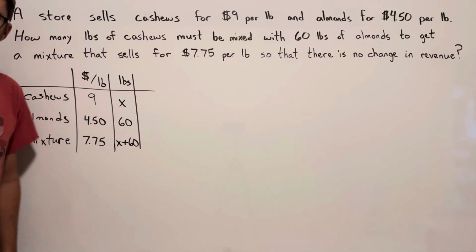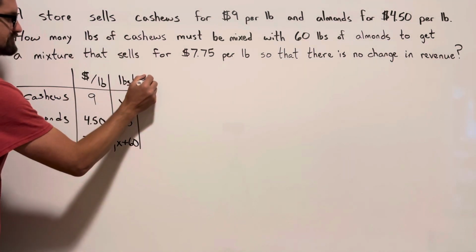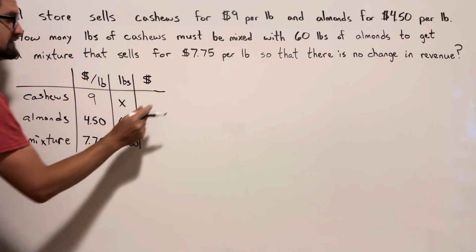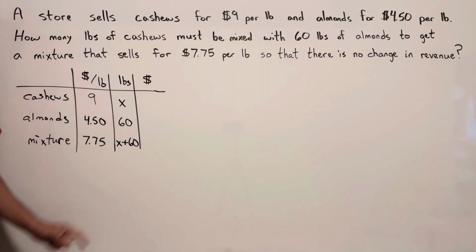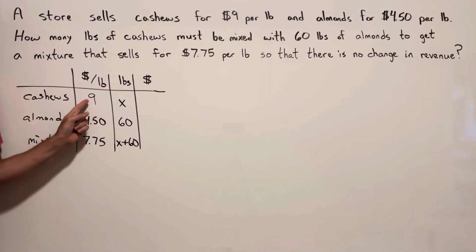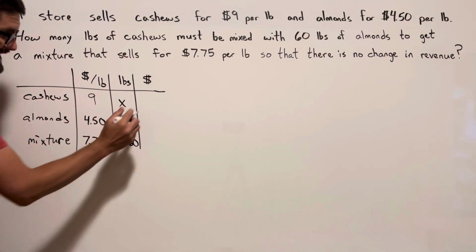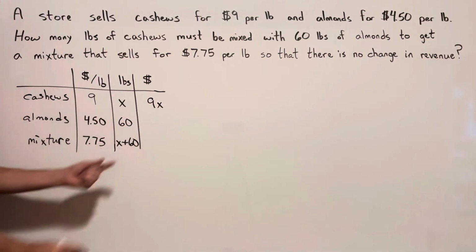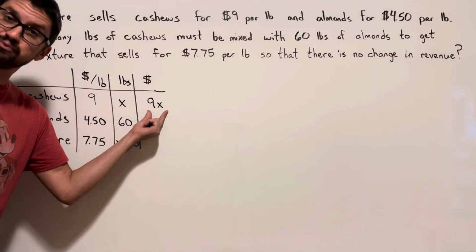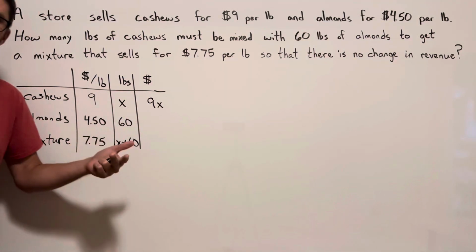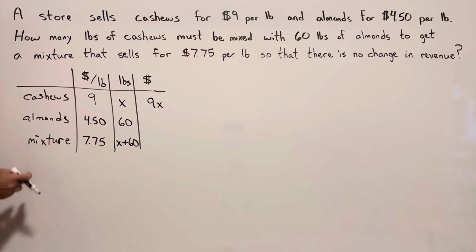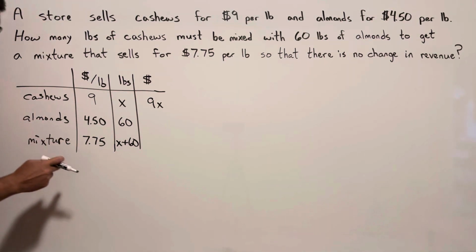And then the last column here is going to be the revenue earned off of each item. To get the dollars, all you can do is multiply the dollars per pound by the pounds that is there. So 9 times X, 9X is an expression that represents the revenue made off the cashews. And then we have almonds.